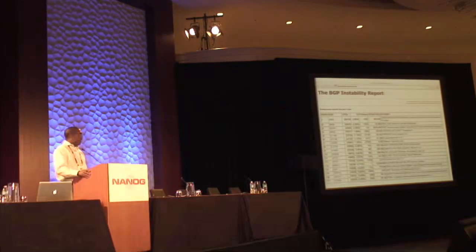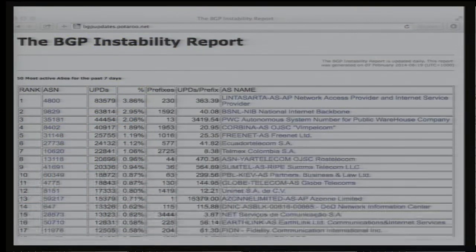This is the convergence report from Potaroo.net's website. It ranks the ASNs with the most instability, essentially: how many of their prefixes have been withdrawn and re-advertised.